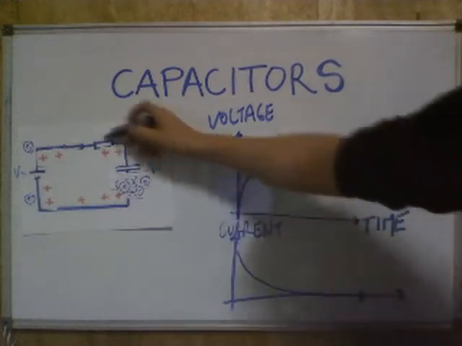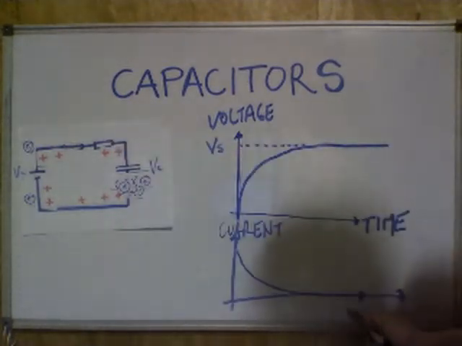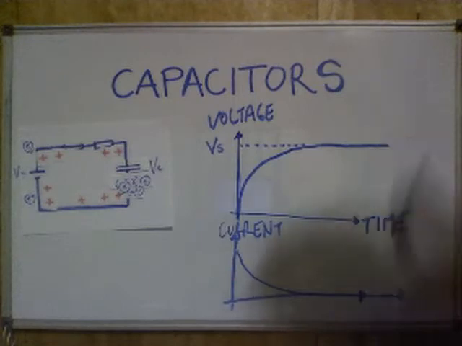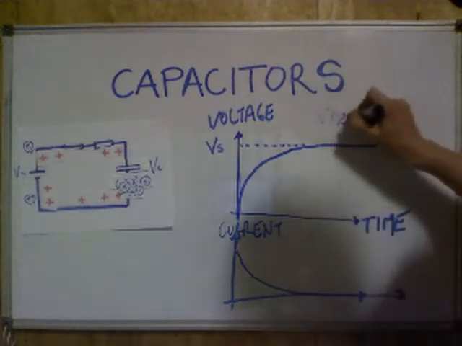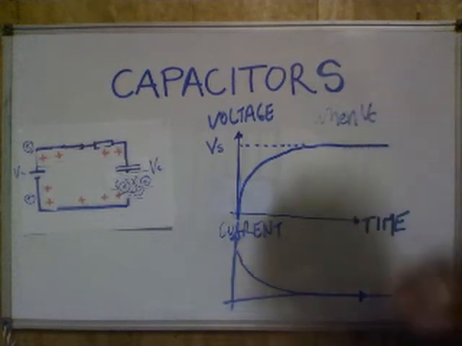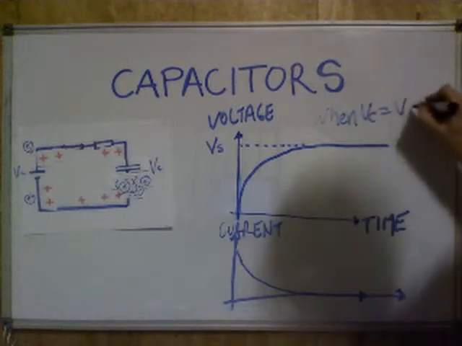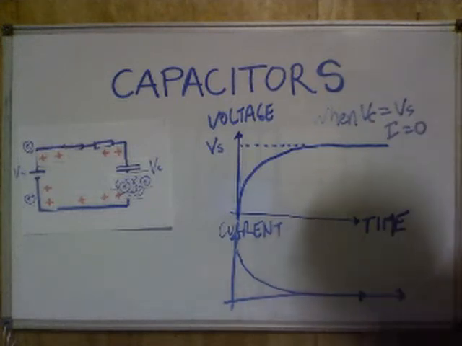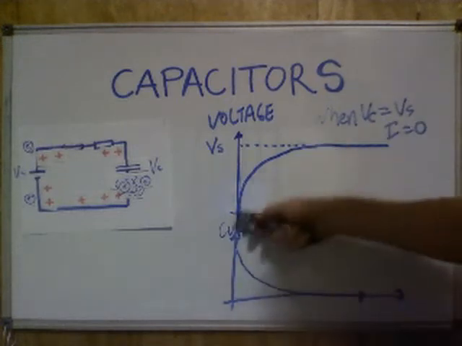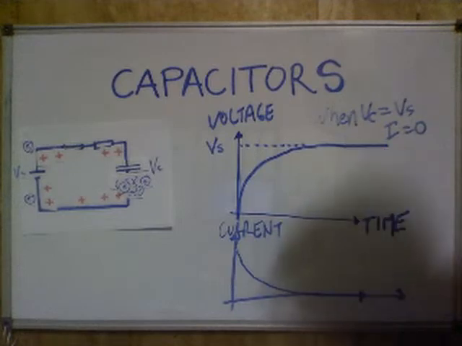So if there's no voltage drop here, there's going to be no current. So at the point where VC, the voltage across the capacitor, equals Vs, then I equals zero. It will charge up the capacitor, we call it charging the capacitor, to the point where it's at the source voltage and the current in the circuit is zero.